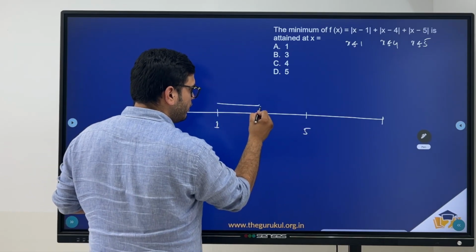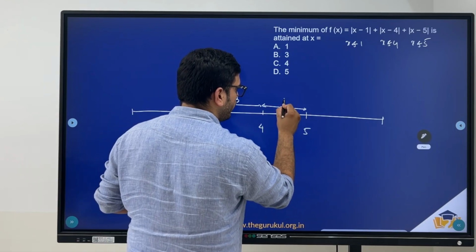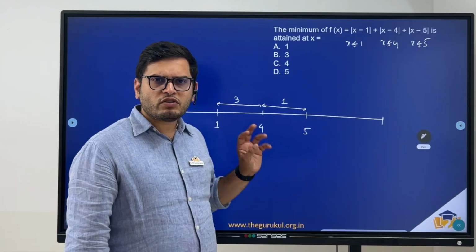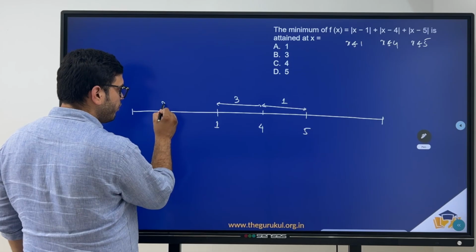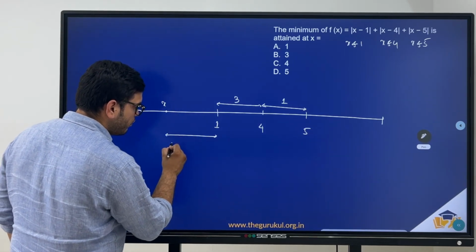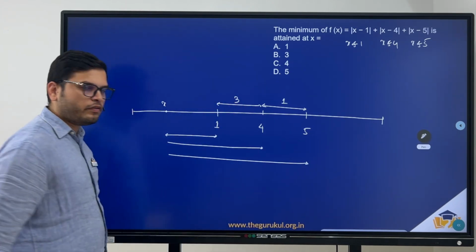So the distance between these two is 3 and the distance between these two is 1, right? Now let us try solving this question using logic. Now let me consider value of x somewhere here, right? Then you should be considering this distance and also this distance.